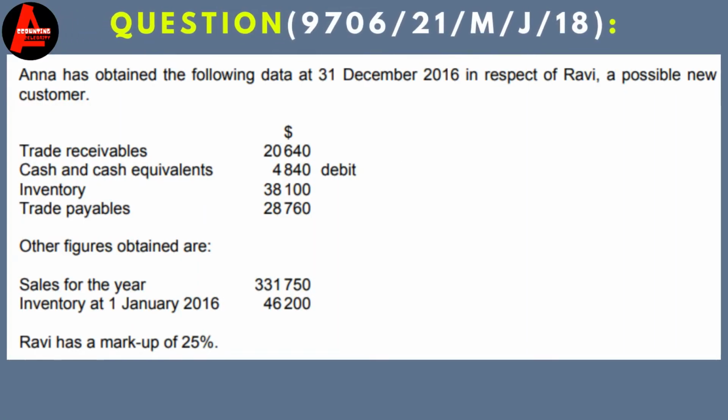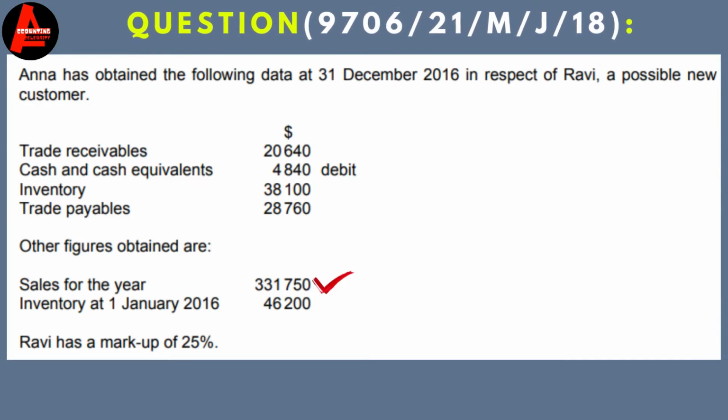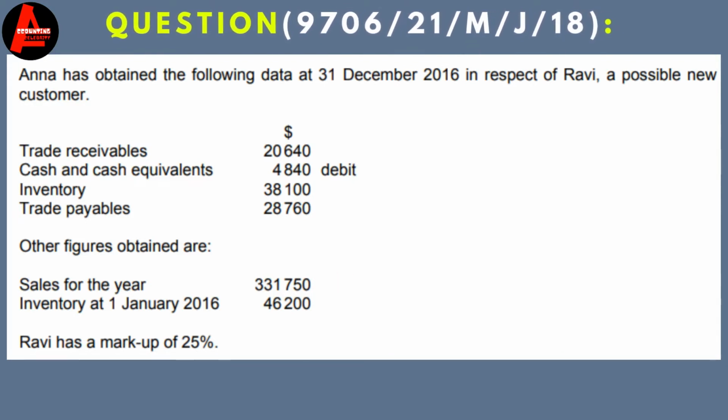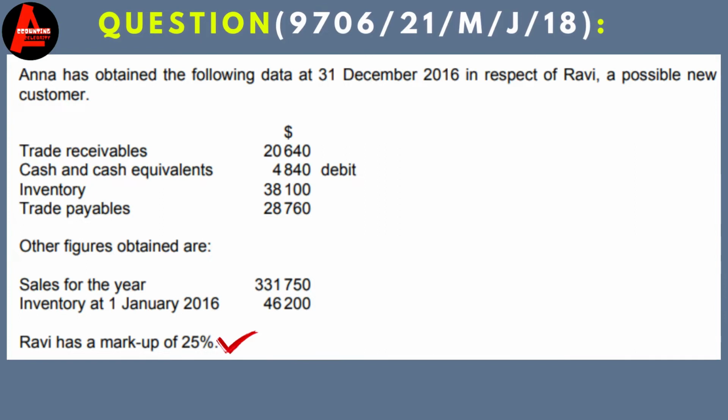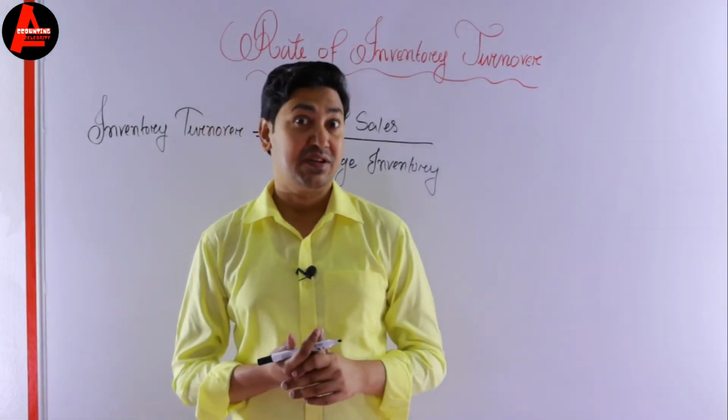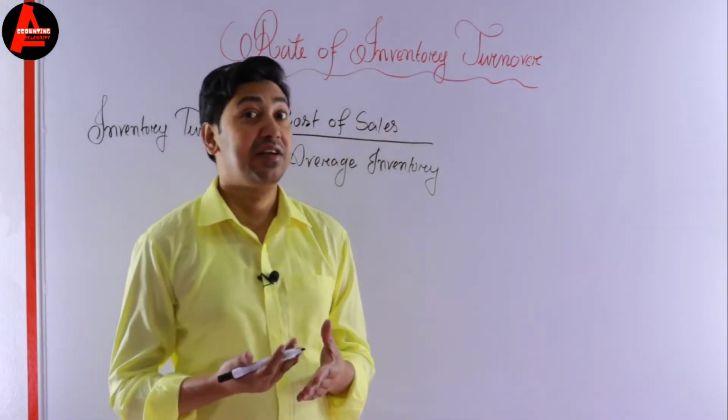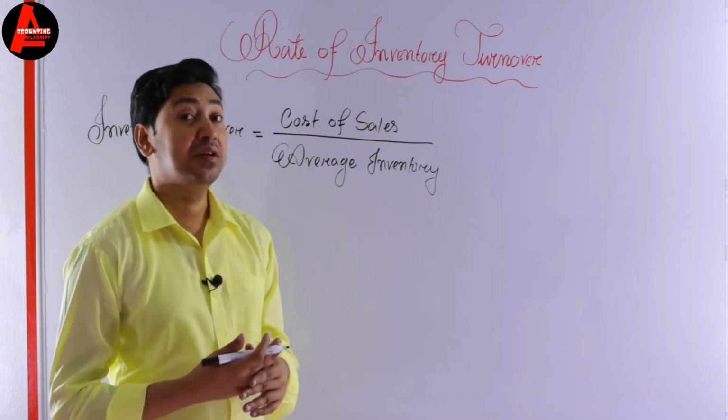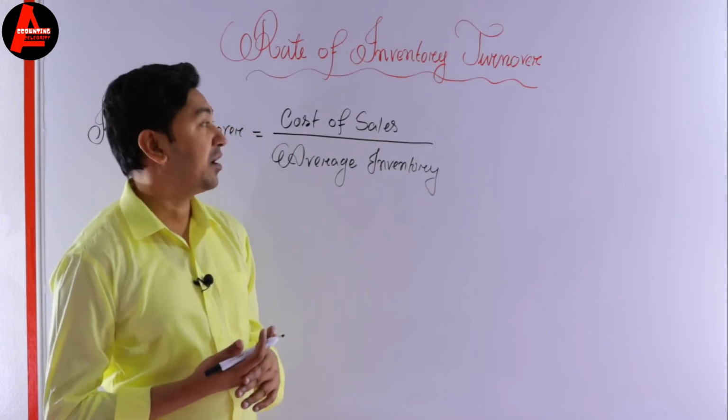We have the sales value and we also have the markup in the question. Rabi has a markup of 25%. From this markup and sales we can calculate our cost of sales. But how? There is a formula to calculate cost of sales from markup.